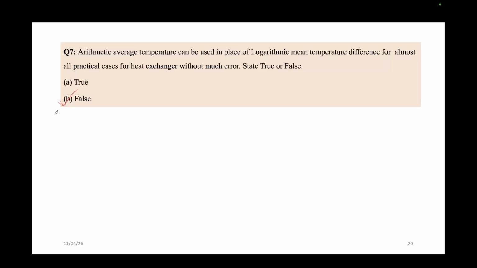So it is not the case that simply taking the average gives the same result, because the temperature is continuously changing. Taking the average may sometimes give a good result, close to the LMTD, but in general it is quite different, or there is much more error. So option B is the correct answer.